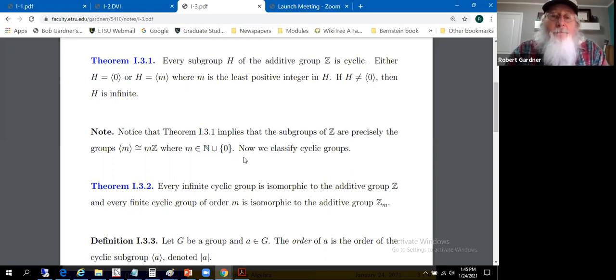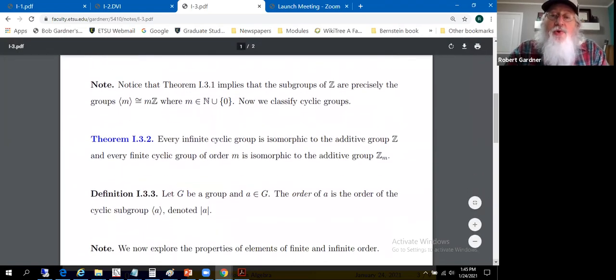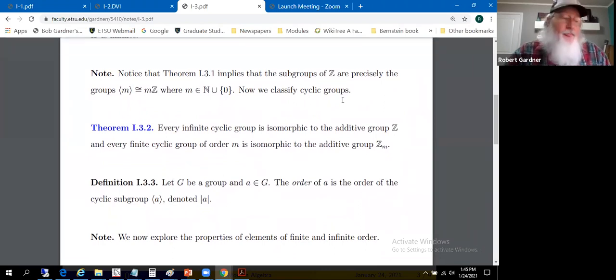So now we're in a position to classify cyclic groups and further justify my claim. You like cyclic groups. You like them because they're really tangible. In fact, they're closely related to the integers and the integers mod M as follows.